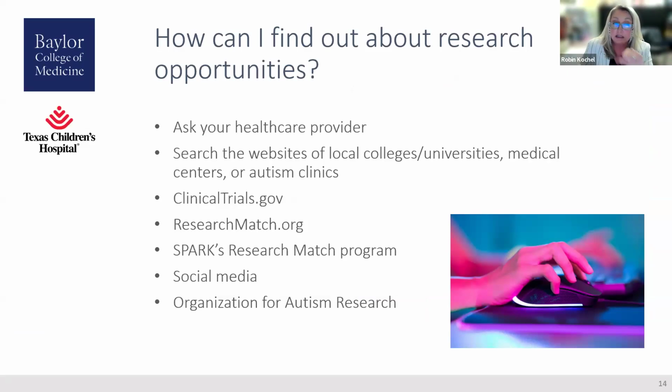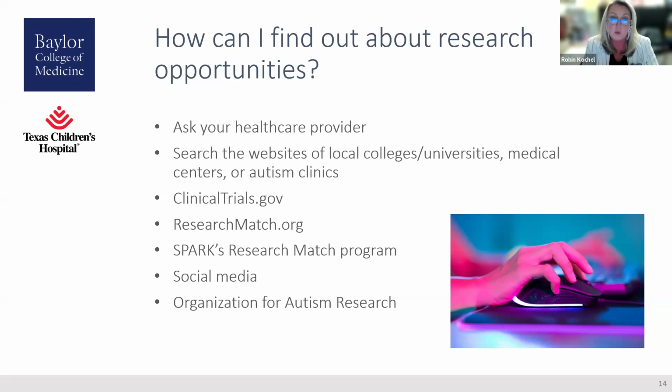Okay, so shifting gears a little bit to how you can find out about research opportunities. Let's say you're excited, I've motivated you, you want to be a part of a research project. How can you find out where to go? There are lots of different places, lots of options. You can start out with your healthcare provider. Oftentimes, clinical sites will be involved in some studies, so you could ask if there are any research opportunities running through your clinic.